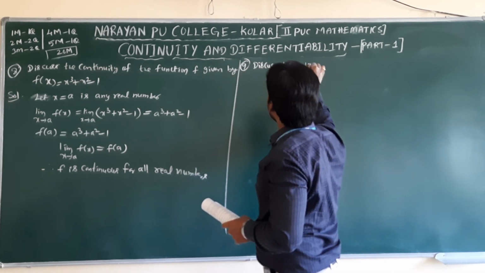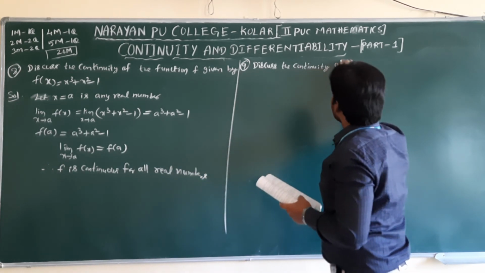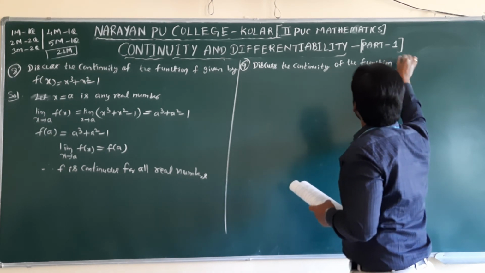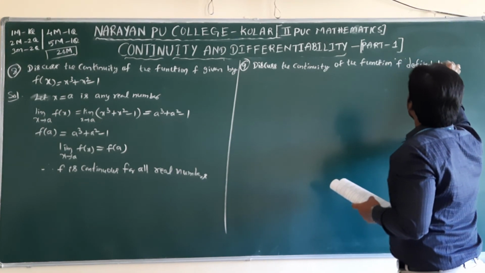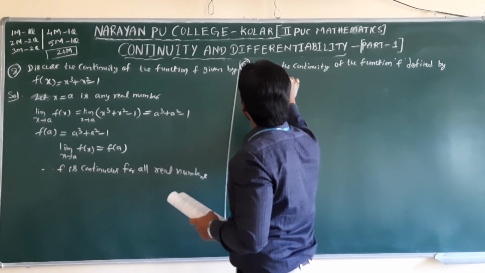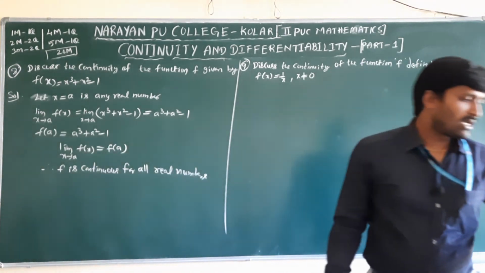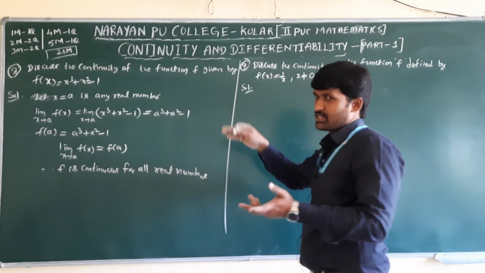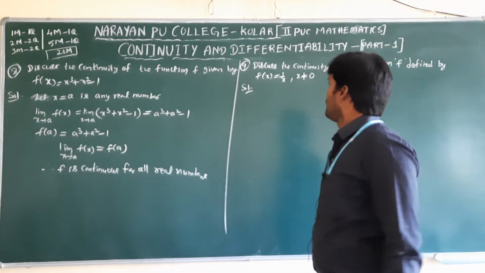Discuss the continuity of the function f defined by f of x equal to 1 by x, where x is clearly not equal to 0. Here also we are taking all sets of values. 1 by x also has a fixed nature. It is not changing based on values like less than, negative, like that.